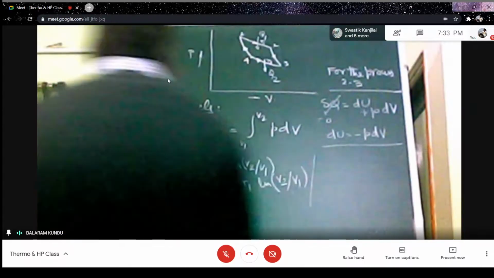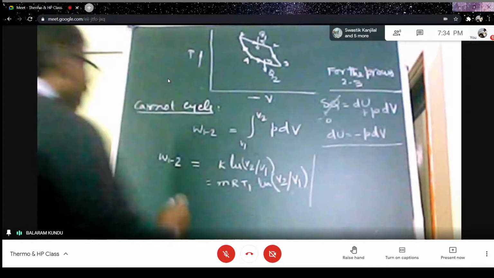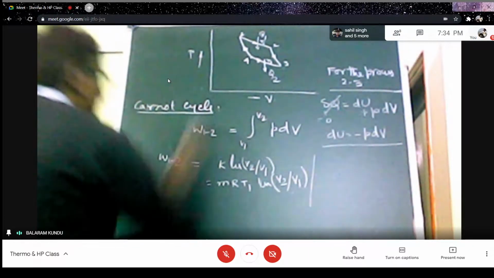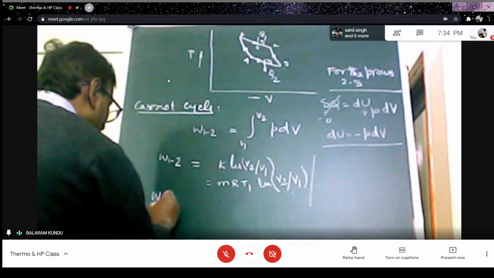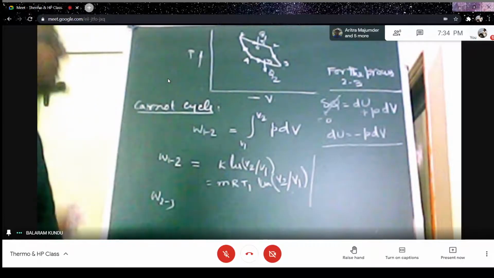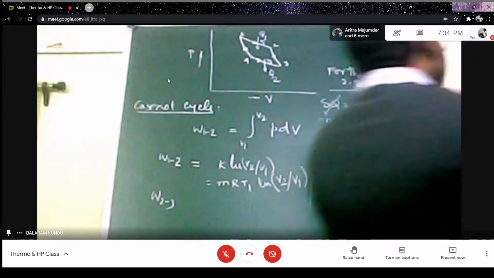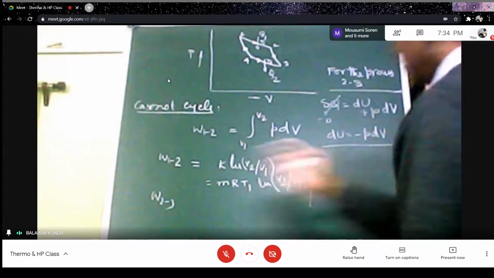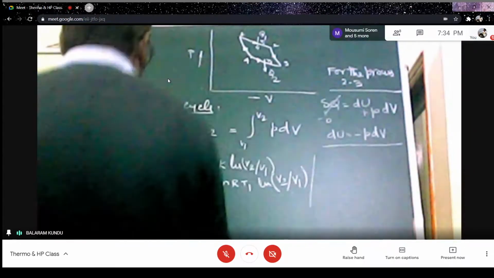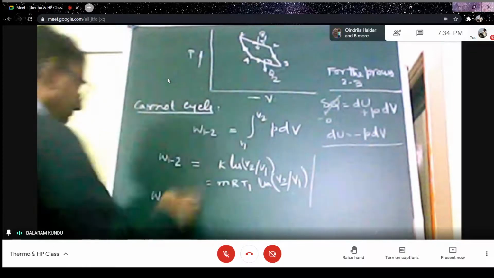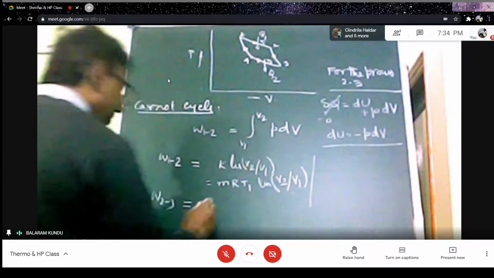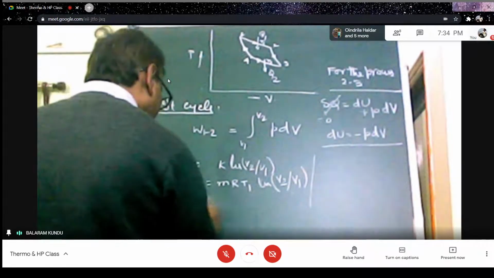First, you just determine the work for the process 2 to 3, say W2 to 3, and we know that for an adiabatic process PV to the power gamma equals constant. Using this relationship it is possible to get the work for the process 2 to 3, and that should be equal to, again, the PdV work.